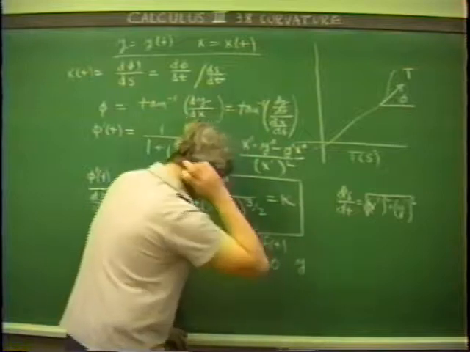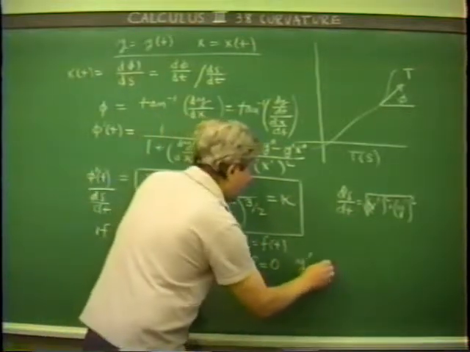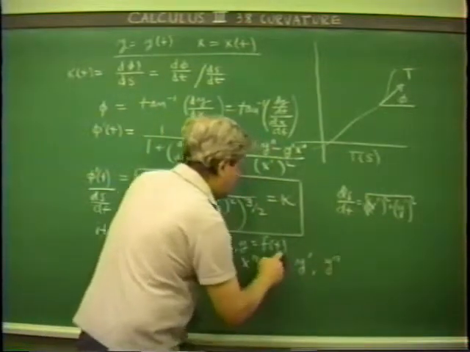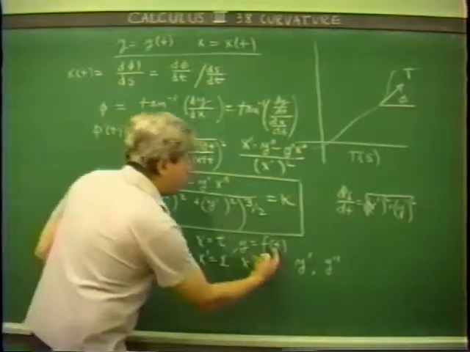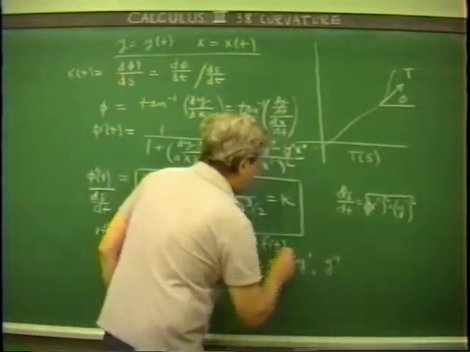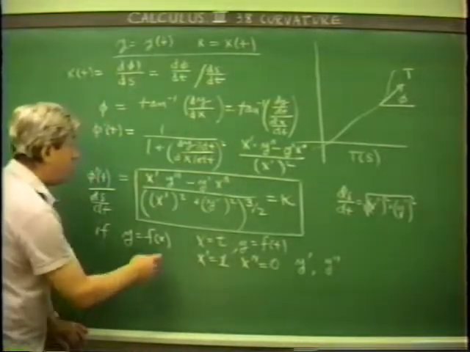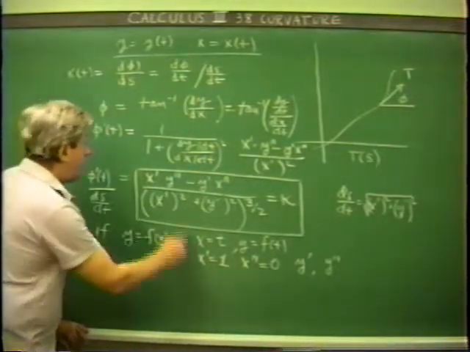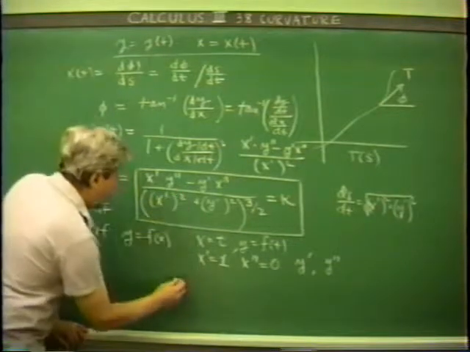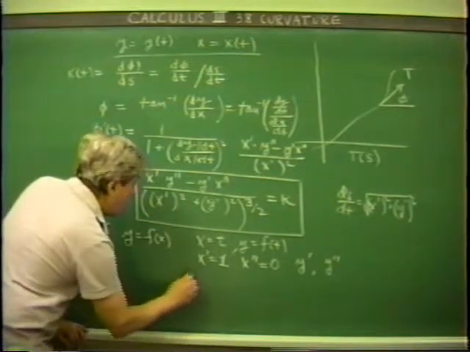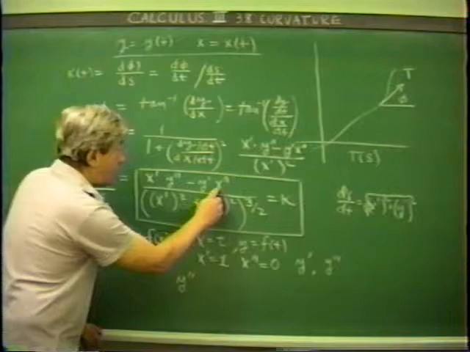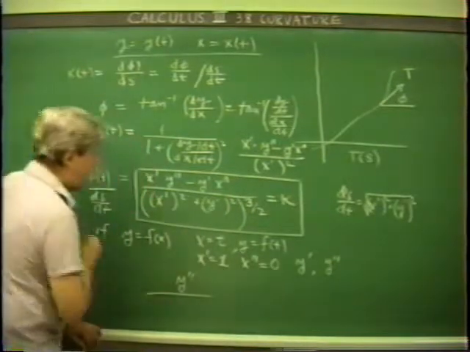The first derivative with respect to t is going to be 1, the second derivative is going to be 0, and we can write y prime and y double prime as the derivative of f with respect to t and the second derivative. And so for this situation here, x prime is 1, so in the numerator here we get y double prime.